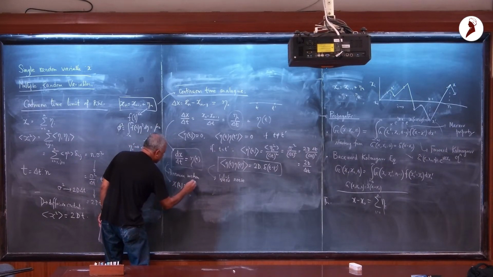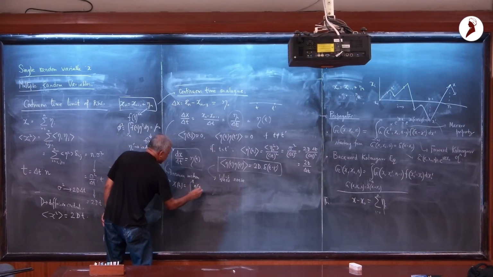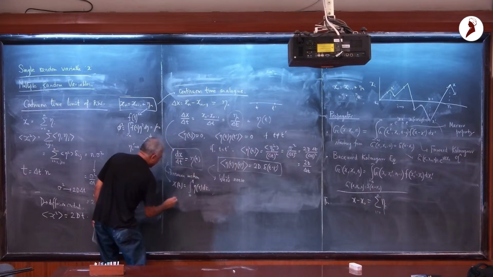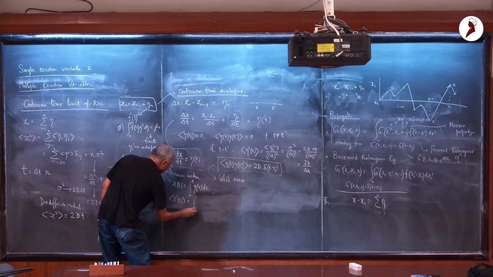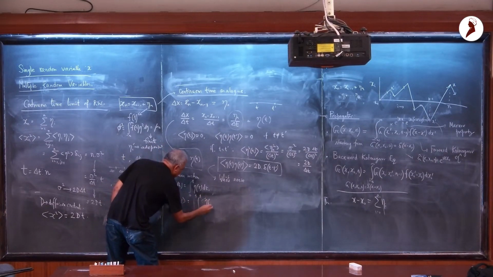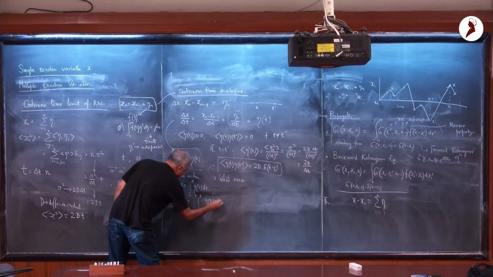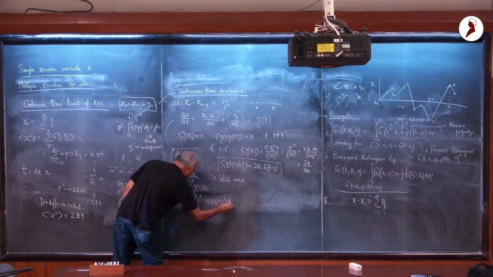If we say that x0 starts from the origin, so you have the integral of eta tau d tau, and if you again calculate x square of t from this, which is the double integral from 0 to t of eta tau 1, eta tau 2, d tau 1, d tau 2.